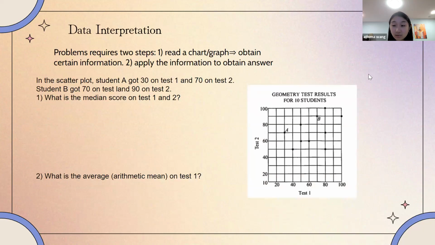I know one of you wanted some more practice with graphs. So here's some more practice with graphs. Okay, I'll give you a few minutes and you can try it.